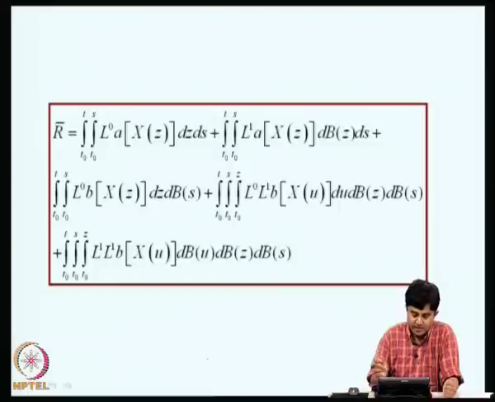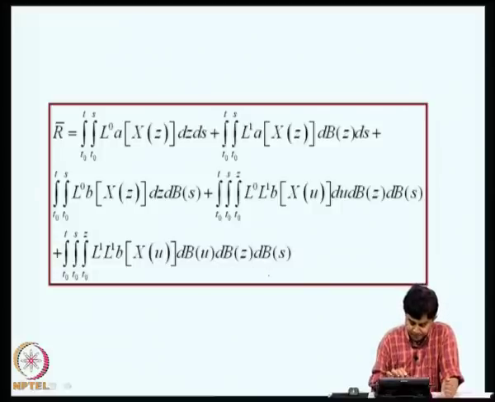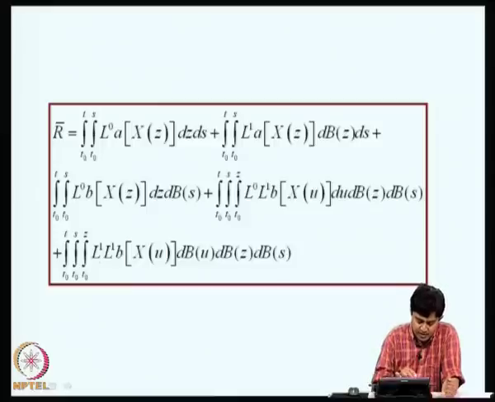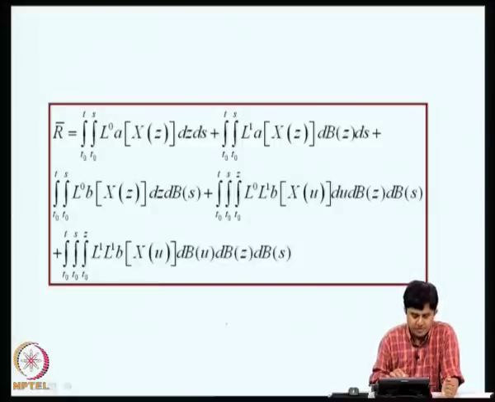That R bar, you can show, consists of double integrals and triple integrals of this kind. Of course, on this L1 b I can again apply Ito's formula and go on doing this, and a more general representation for Ito-Taylor's expansion can thus be found.